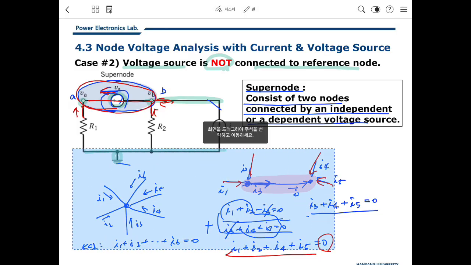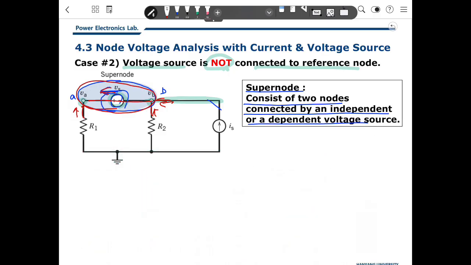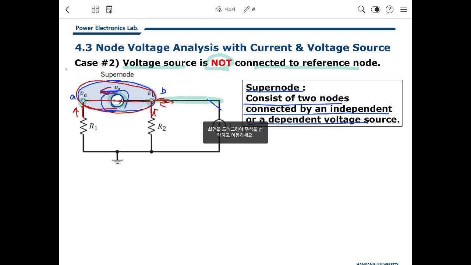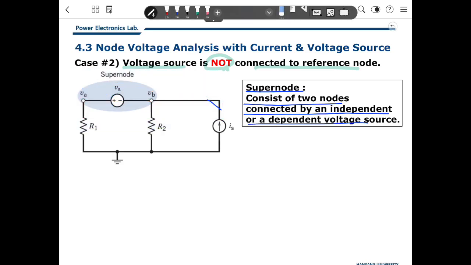So in this example, we can write the element currents. First, I will define the currents here. This is I1, this is I2, and this is I3.